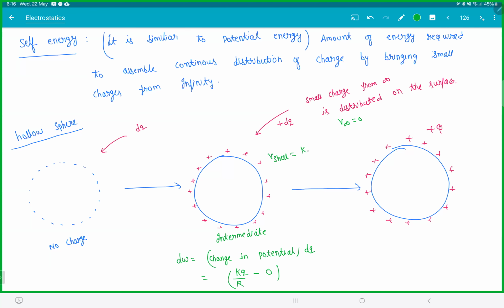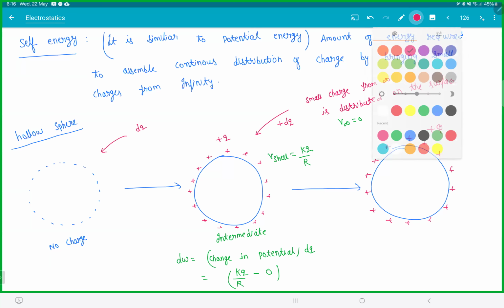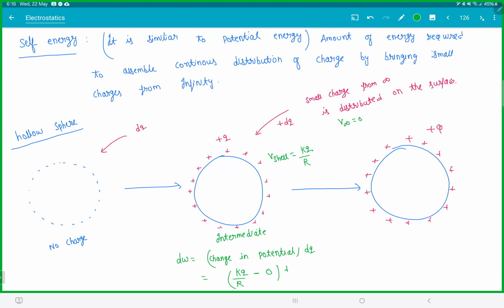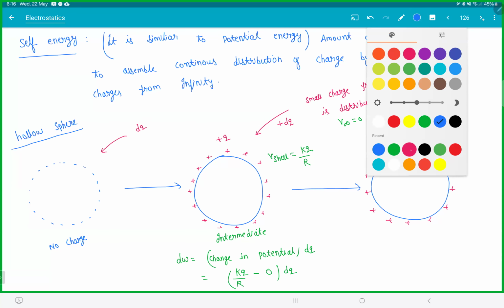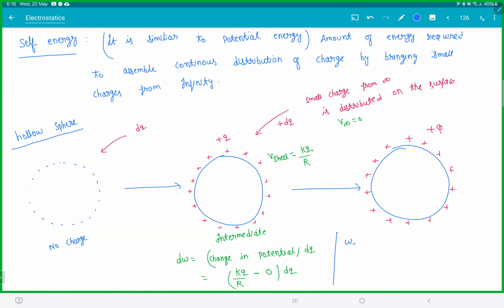V shell is kq by r. Meaning at this instant you have already accumulated charge plus q. So the total work done by the external force would be the integral of k q dq by r from 0 to capital Q. You end up with k Q square by 2r. And since there is no change in kinetic energy, this is the change in potential energy.